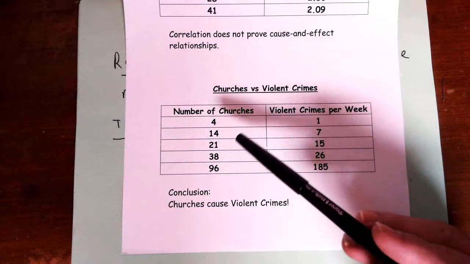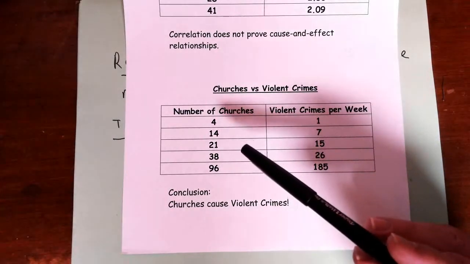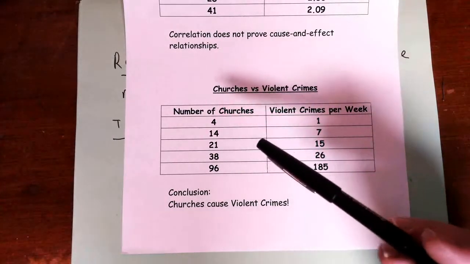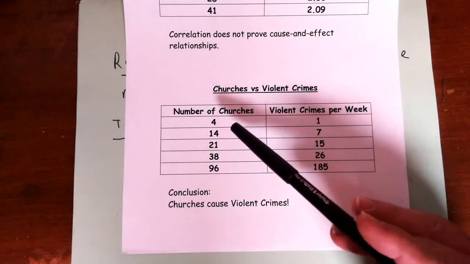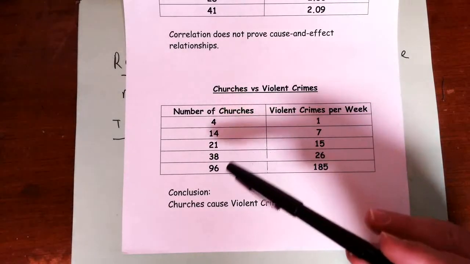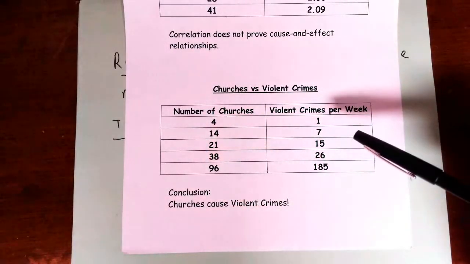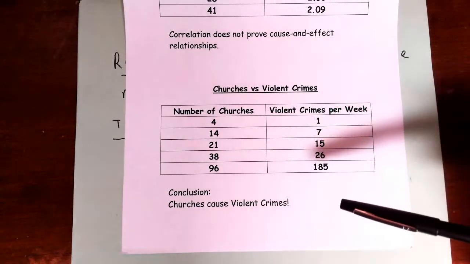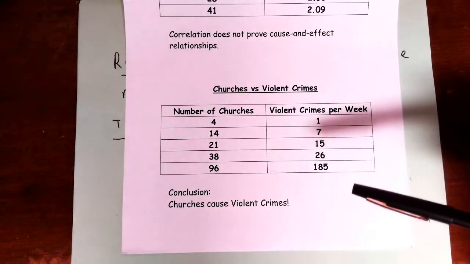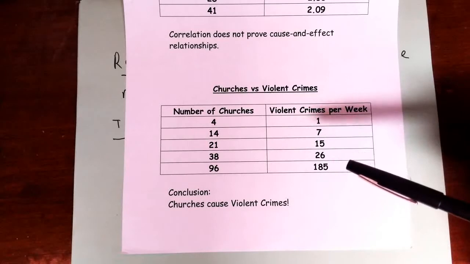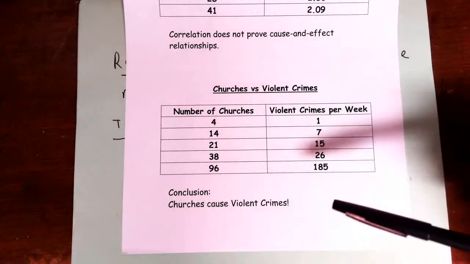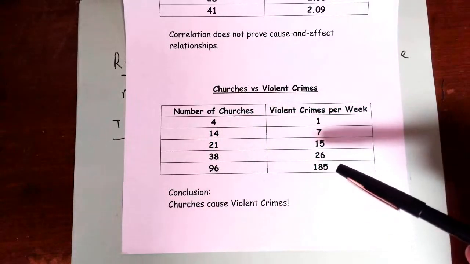And that relationship is, as the size of a city increases, then there's going to be an increase in both the number of churches that the city has and the number of violent crimes per week. Okay? So the relationship here does indeed produce a correlation.